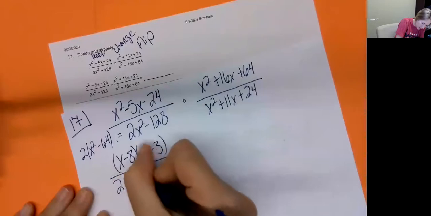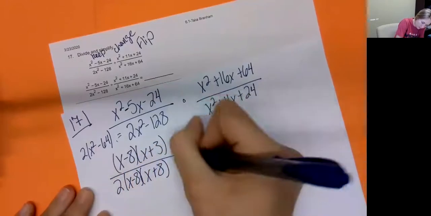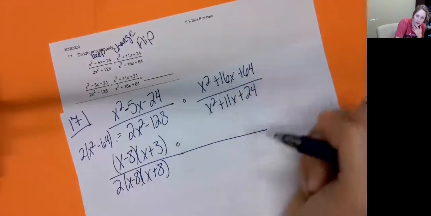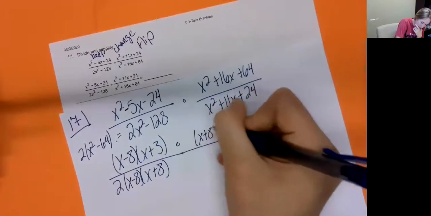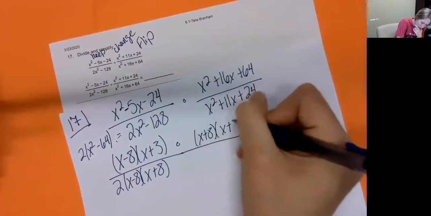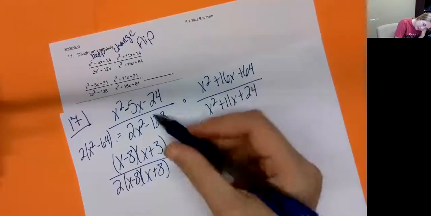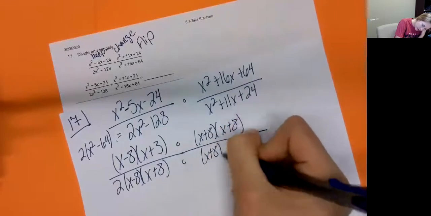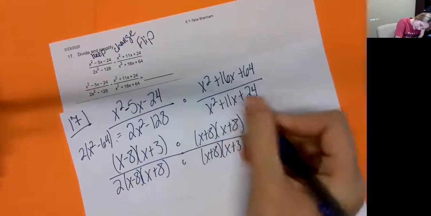So x subtract 8 times x plus 8. Factors of 64 that add to get 16 would be 8 and 8, so we have x plus 8 twice. Factors of 24 that add to get 11, it's opposite of this one, so it'll be x plus 8, x plus 3, because 8, 9, 10, 11, and it's positive.